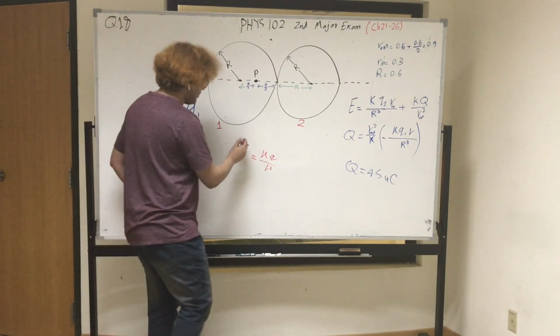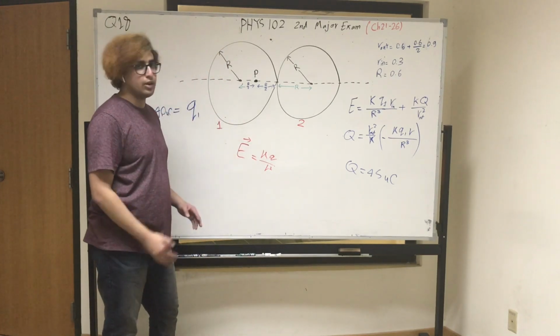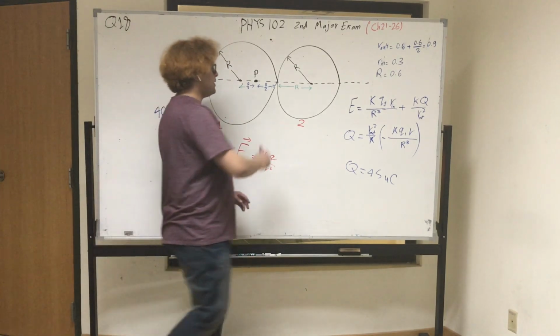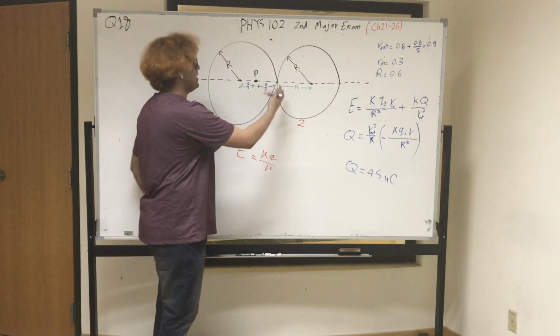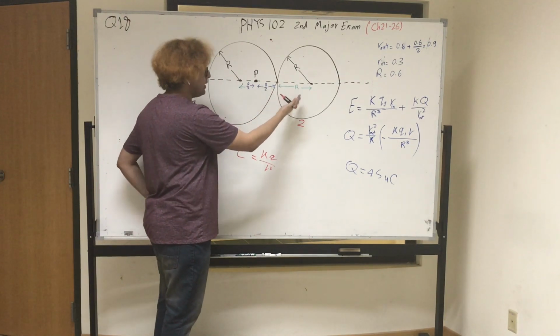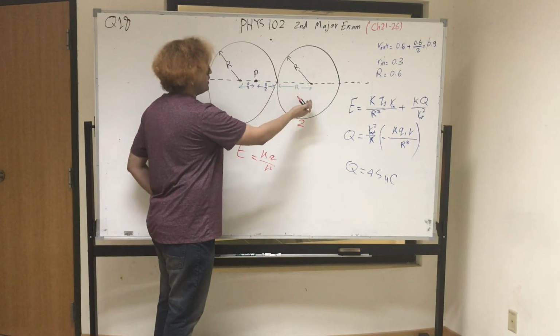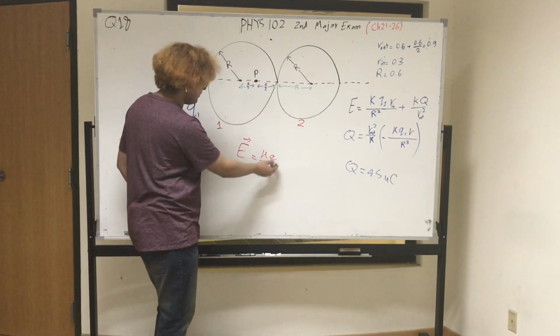So this here is the equation by which we can calculate the electric field when we have only a point charge. So for this sphere, point P is outside its radius. Since point P is outside the radius, we could solve the problem as though the whole sphere is concentrated in the center, and we use this equation.